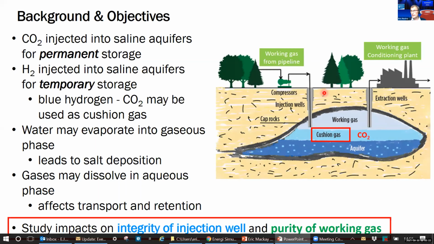So we're going to look at the use of compositional modeling and try to understand a little better the partitioning of components in the various phases, to study the integrity of the injection well under a halite scaling scenario for CO2 injection, and to look at the purity of the hydrogen working gas in an aquifer storage scenario where CO2 is used as a cushion gas.